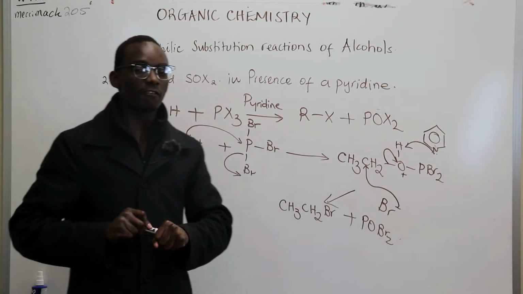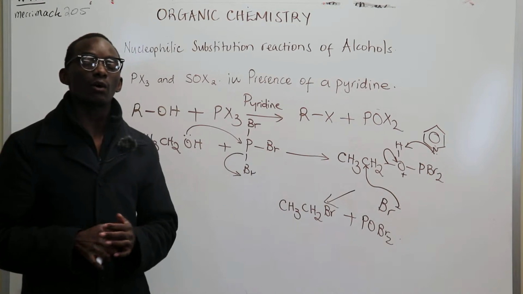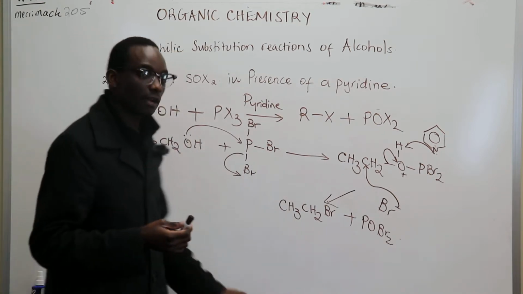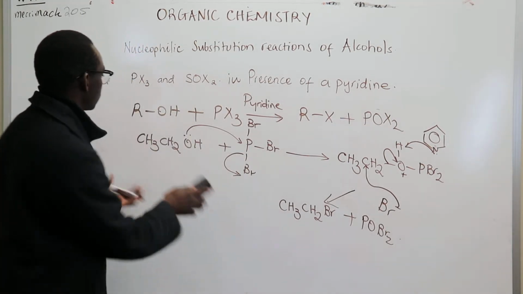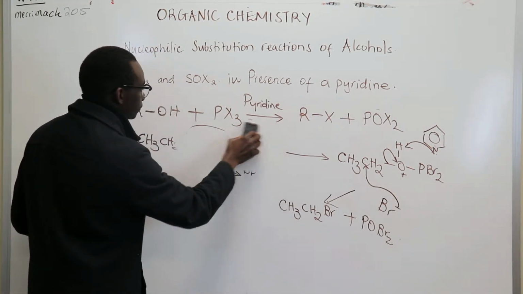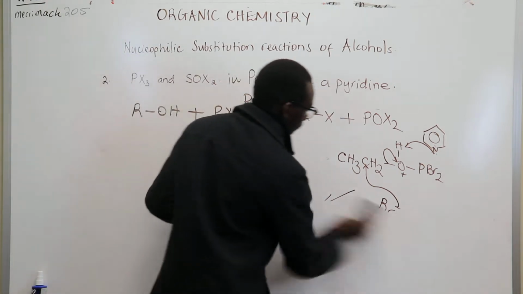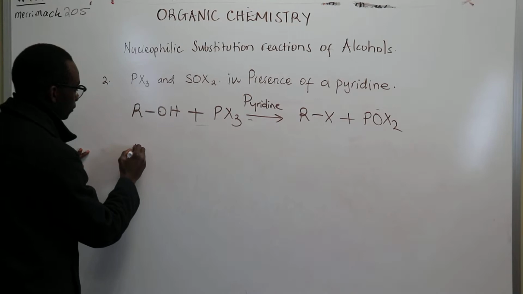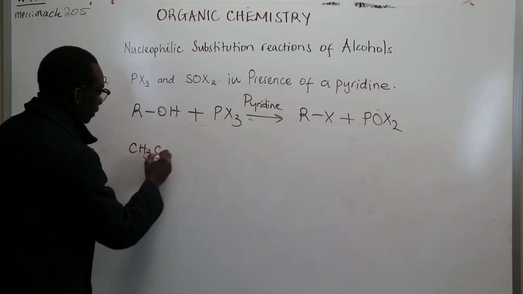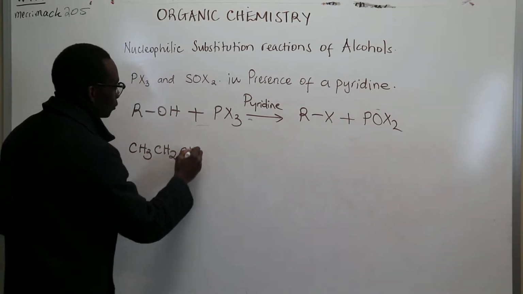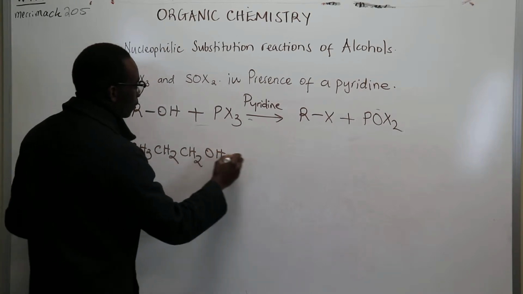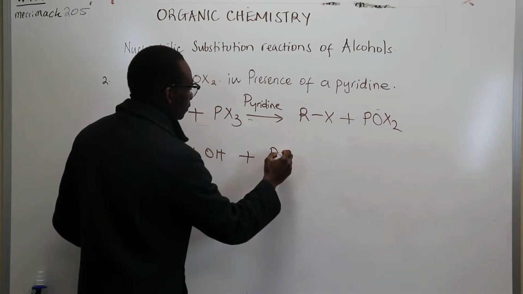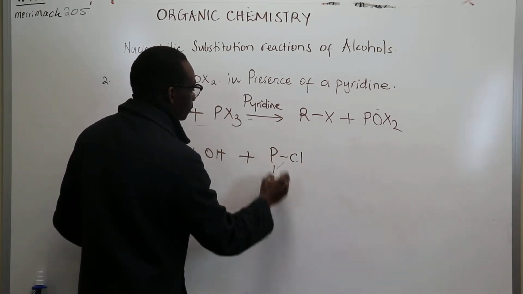So now what if you have a primary alcohol that has more than 3 carbons? Let us see how that affects our major product. So now in this case we shall use propanol, CH3CH2CH2OH, reacting with phosphorus trichloride.